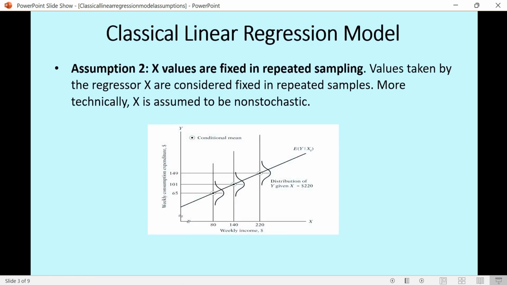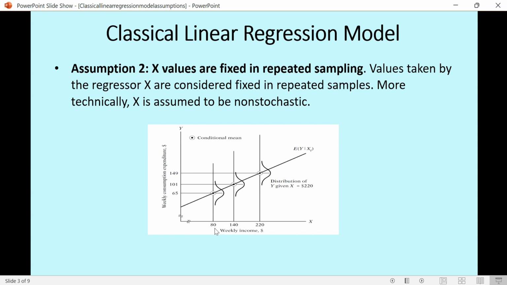The second assumption is that the x, or independent variables, are fixed in repeated sampling. For example, weekly income is the x and consumption is y. Among people at a given weekly income, there are many people who may have the same income at 220, and another group of people at income 140, and their y value is random, but their income independent variables are fixed.